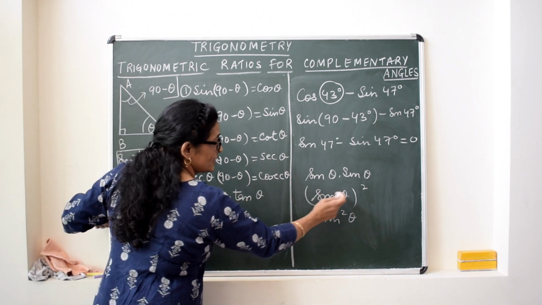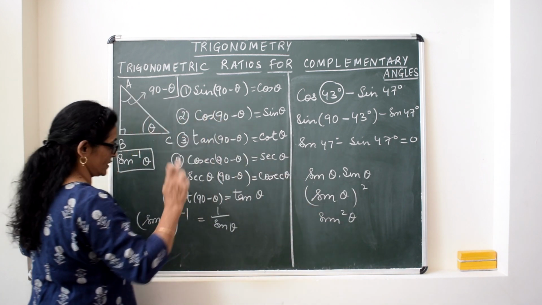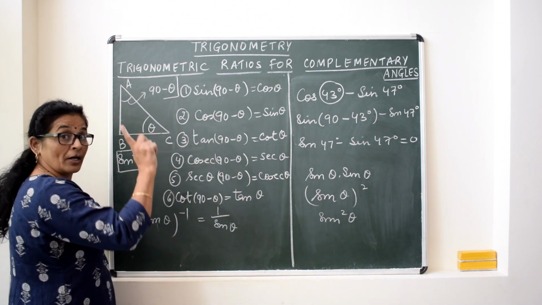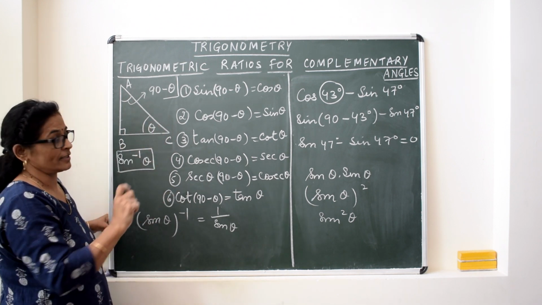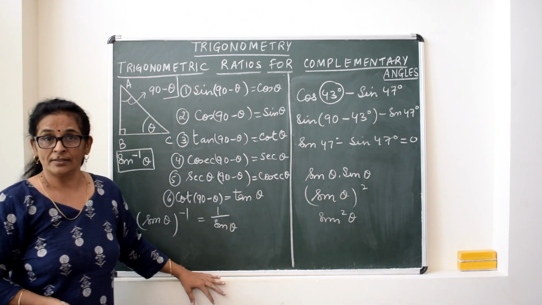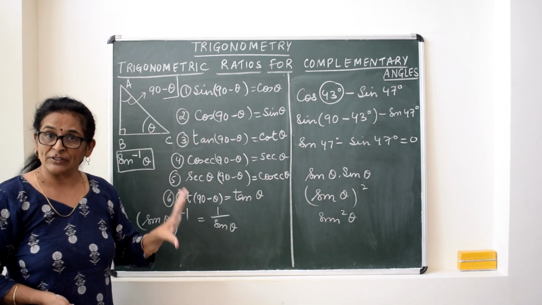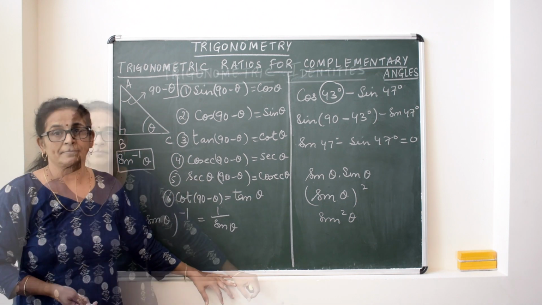So this is sin theta the whole square, which can be written as sin square theta, but this is sin theta to the power of minus 1, means reciprocal of sin theta, which is cosec theta. So some questions can come of this type also. So what we have learnt, the relations of complementary angles, and questions can be asked for the same.